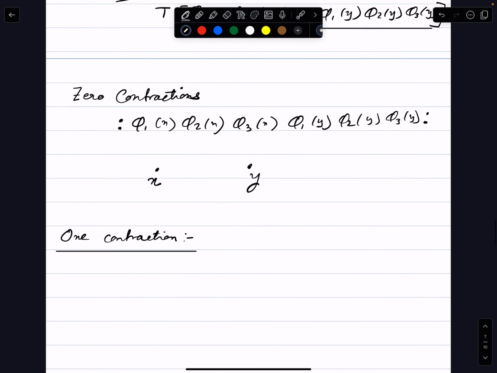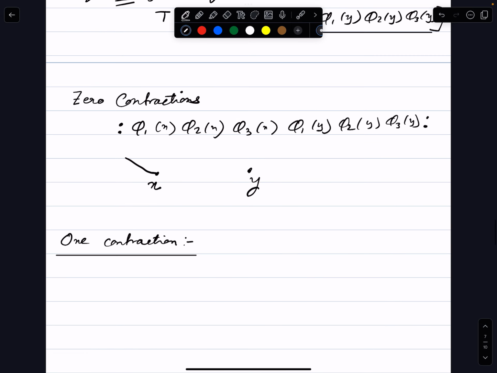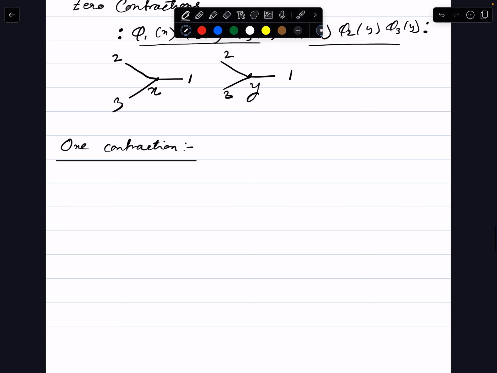There is no contraction between any of them. So these are separate, and the whole thing is normal ordered.